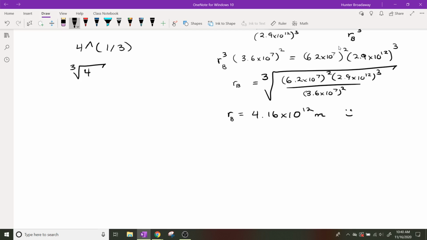Now, the next thing is for the mass. It's really important to note, because it was already stated, that Kepler's laws cannot, under any circumstance, calculate mass. If they don't give it to you, that's okay. Kepler's laws cannot calculate the mass of a planet.